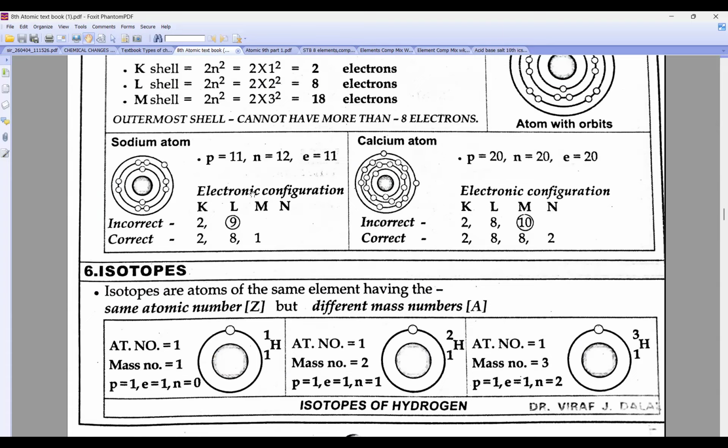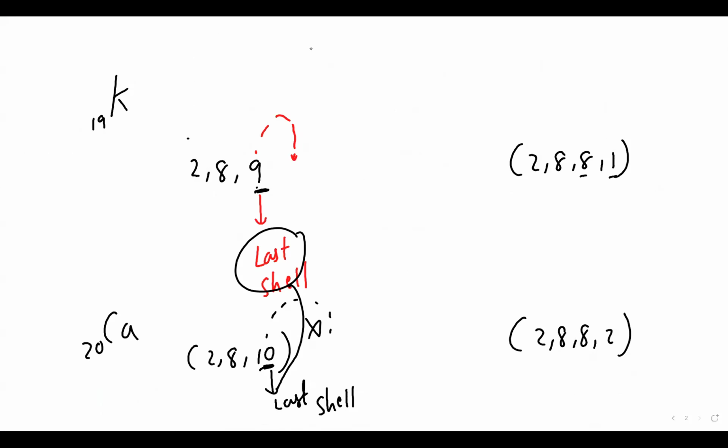Now listen, beta. In your school, they have mentioned that till electronic configuration, three more things you have to study. Everyone, beta, pay attention. First, we are going to study isotopes. This is very important.